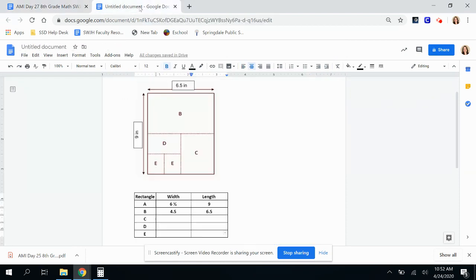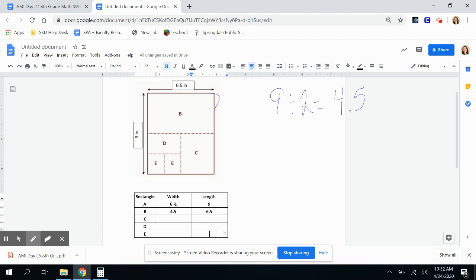So let's say we have a 9 by 6.5 piece of paper, and that's going to be our A, and we want to find B. From A to B, the length stays the same, so that's 6.5, but then our width, we're taking our 9 and dividing by 2, so 9 divided by 2 is 4.5.